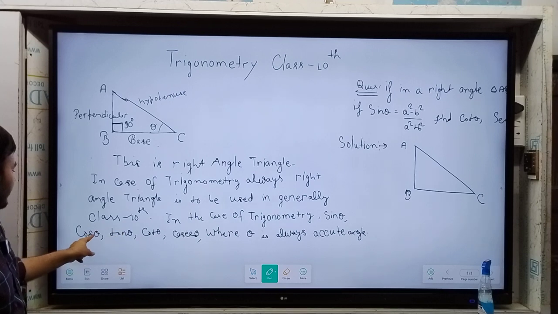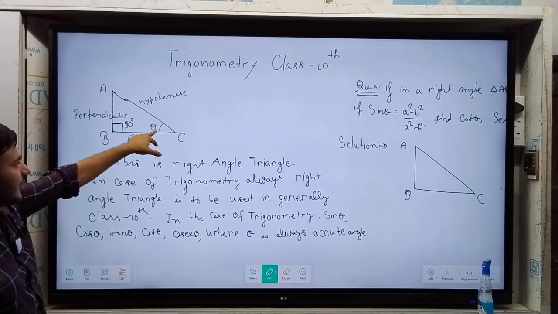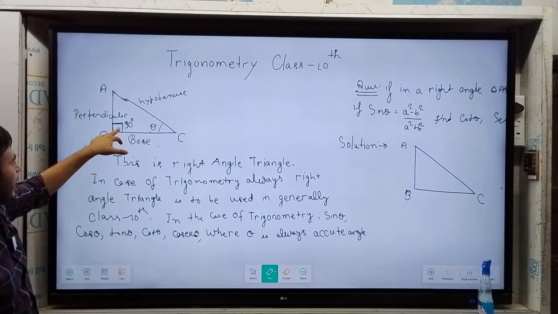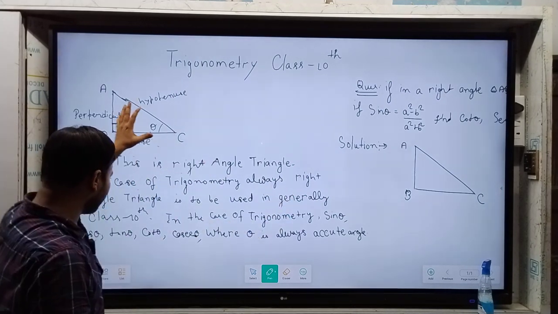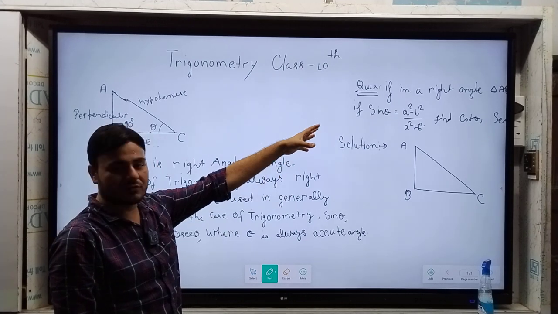Theta is an acute angle. Always remember that. The 90 degree angle we have already discussed, so this point should be clear. Now we have to focus on the next question.